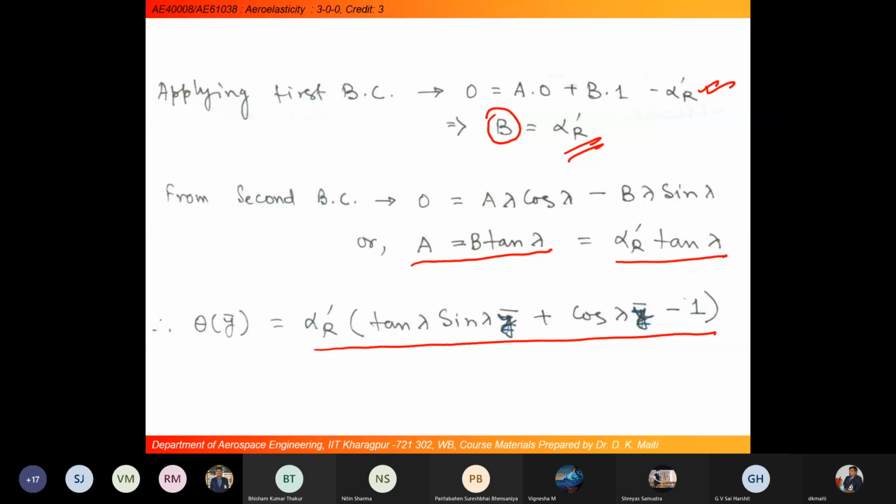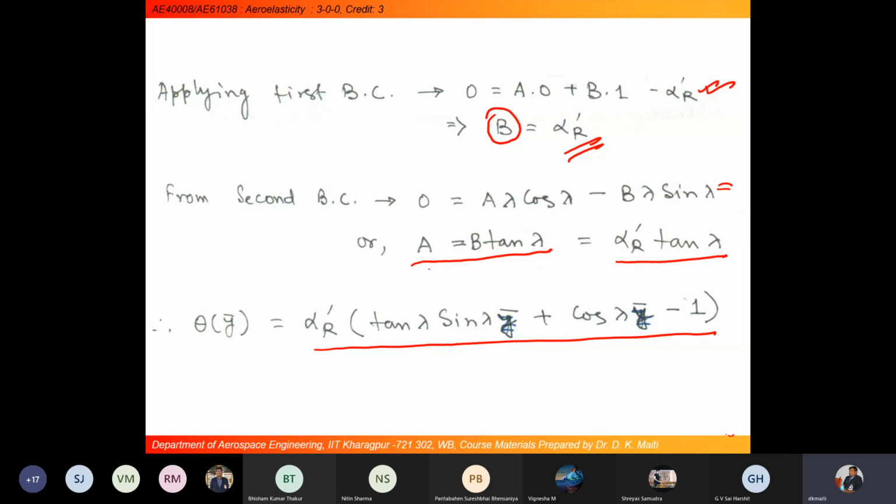Okay. And then from the second equation, the first derivative equal to 0. So a lambda cos lambda minus b lambda sin lambda equals 0, and I substitute y bar as 1.